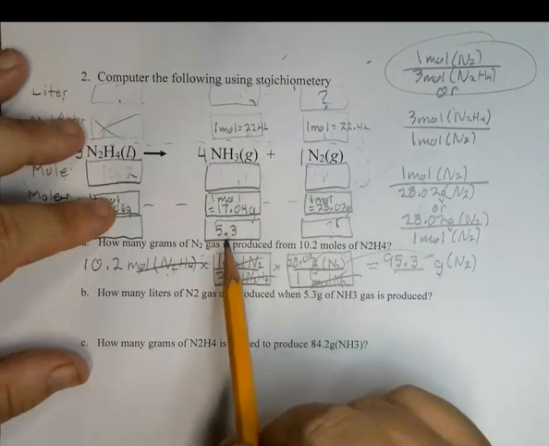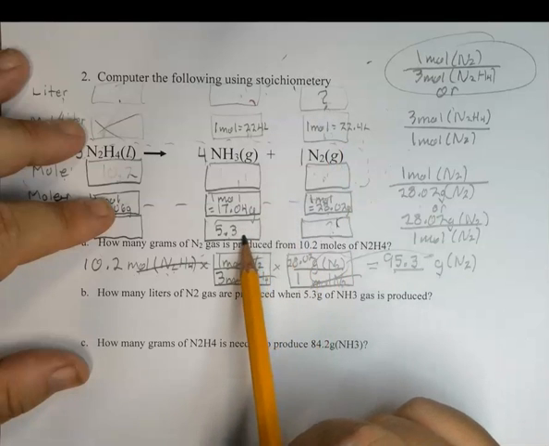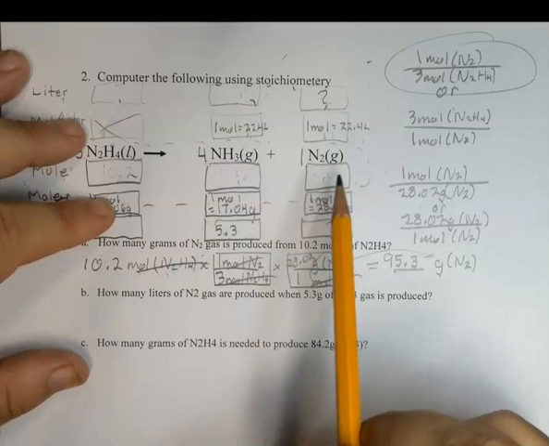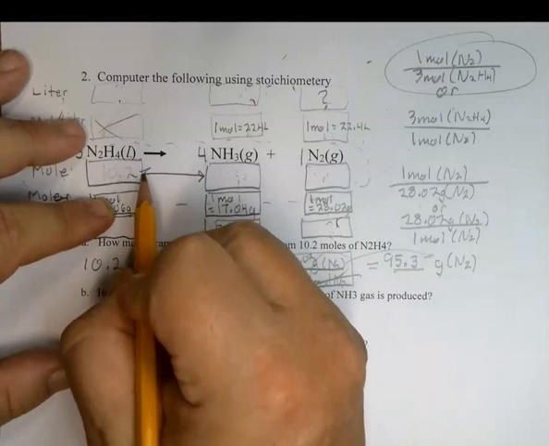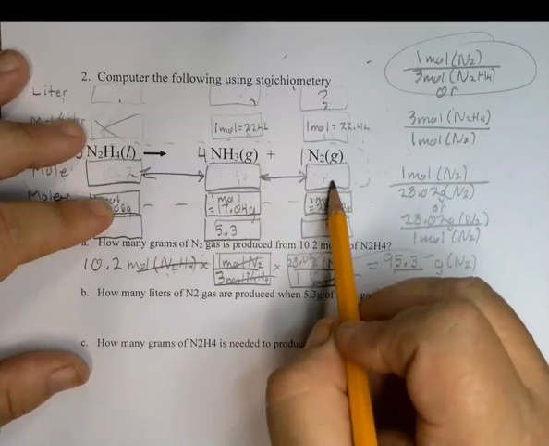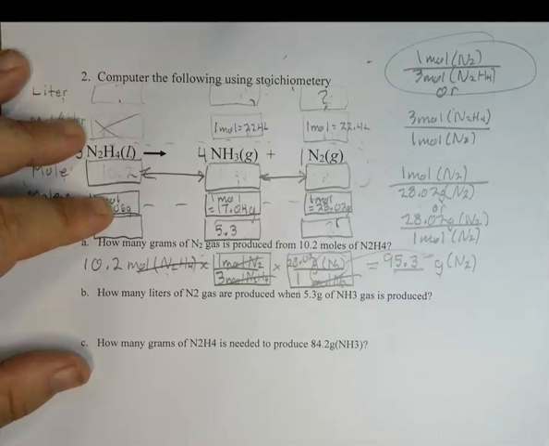Okay? So I need a path to get me from what I know to what I don't know. So you go from this box up to this box. This is going to be your translator. That's going to be your conversion. Then I go from this box over to this box. You can only move sideways when you're inside the chemical equation. That is inside the dashed line. And then I go from this box up to here using this translator right here. So it's 3 conversions.